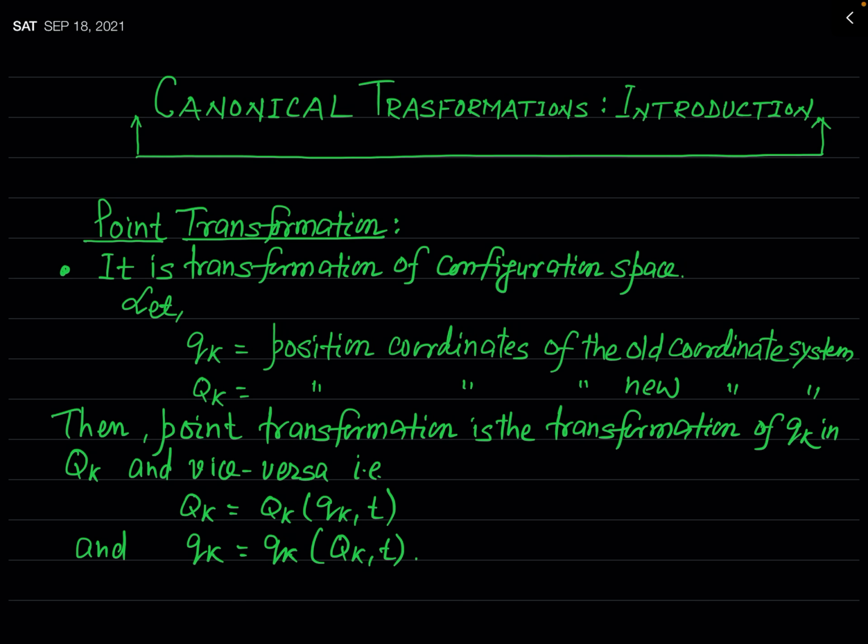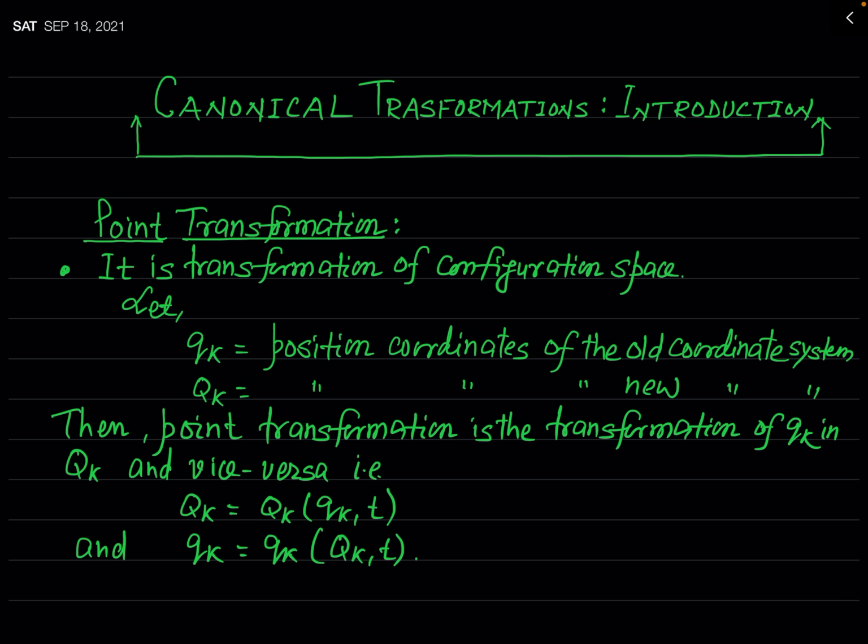But if you use the plane polar coordinate system, then actually there will be only one independent variable, only r, not theta, because in this case theta is a cyclic coordinate. The coordinates will be r and theta, but theta is cyclic, so it does not appear explicitly in the expression of the Hamiltonian.